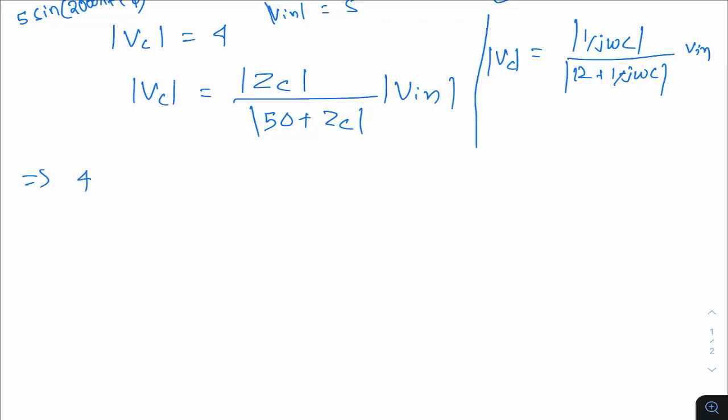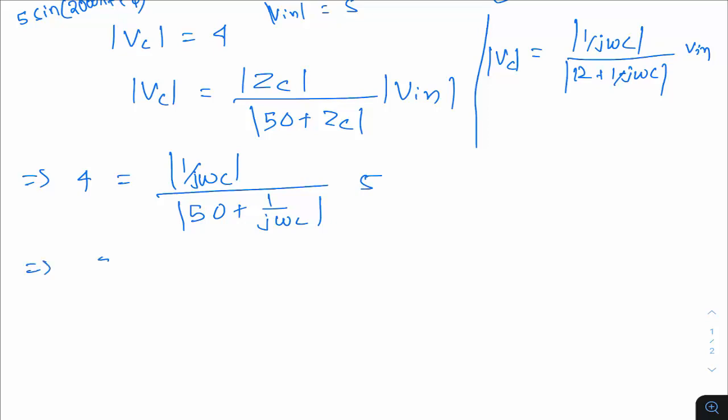Okay. So this means magnitude of VC is 4. So 4 equals magnitude of ZC, which is 1 by omega C, divided by 50 plus 1 by j omega C, magnitude. Otherwise let me put mod here also, taking j, and magnitude of V in, we said this is 5.